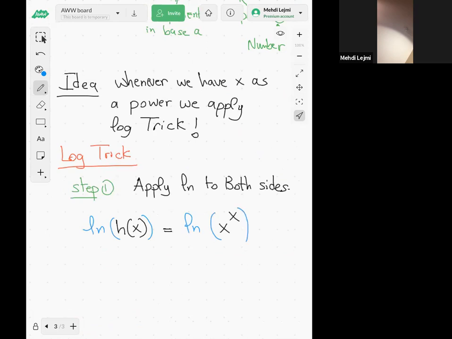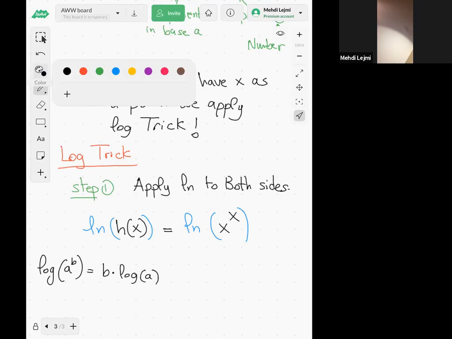Okay. So now, why do we apply natural log? Because there's one special property of log. You remember, guys, if you have log of a to the power b, that's equal to b times log of a. You can bring down this b into the front.